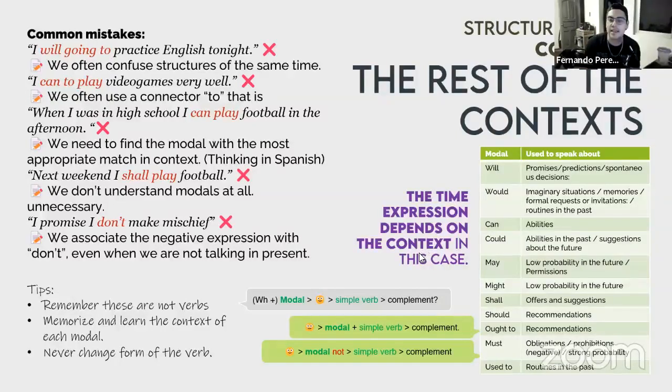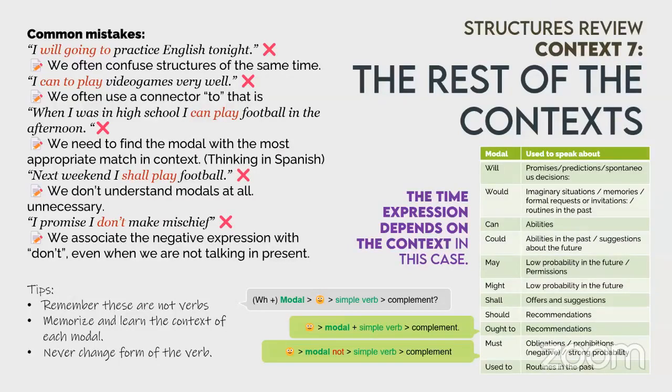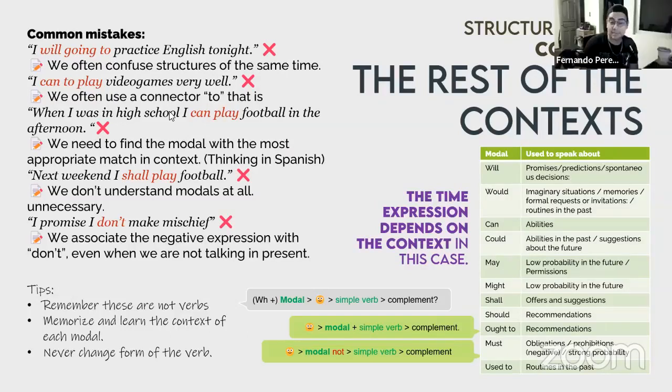If I ask you about low probabilities in the future, something that maybe happens or not, might. Might, very good. And Roxana said may, and both the two girls are correct. It's possible to use might, it's possible to use may. The most common is might.